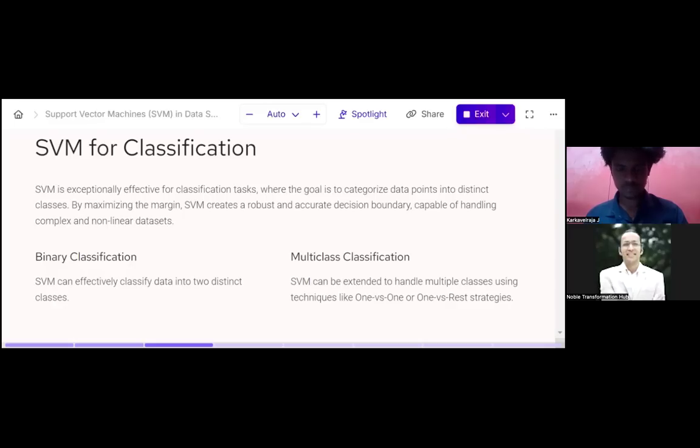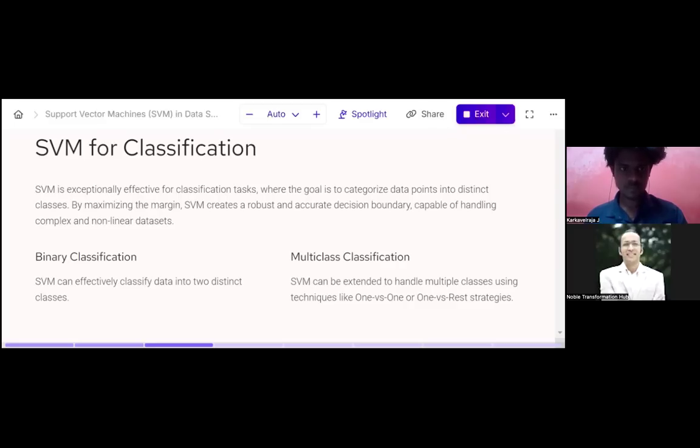Now we have understood the fundamentals. Three aspects are very important in SVM, the fundamental units. One is margin, okay.